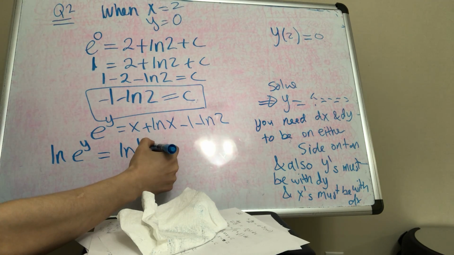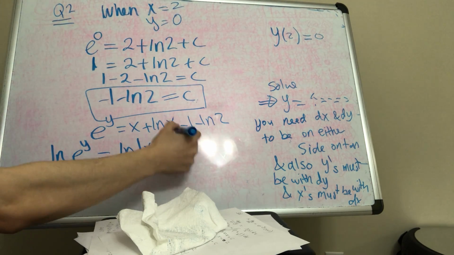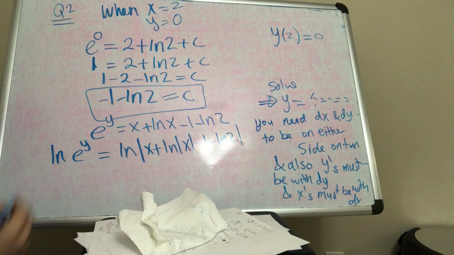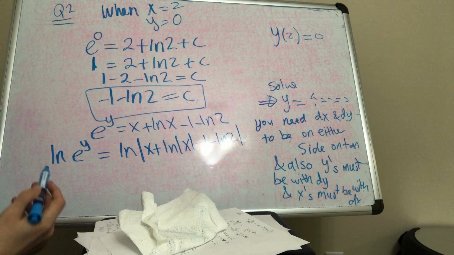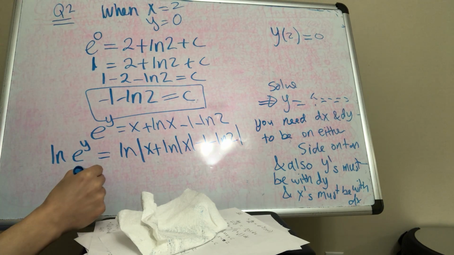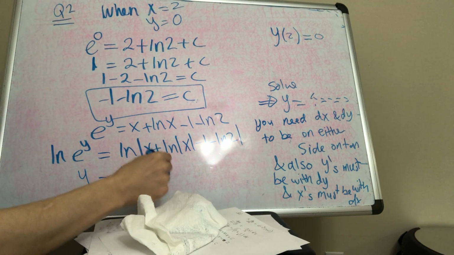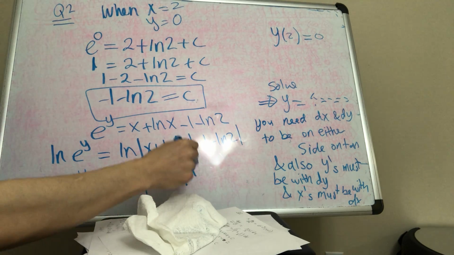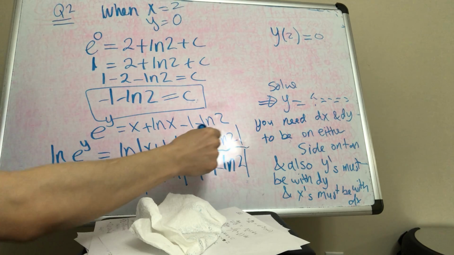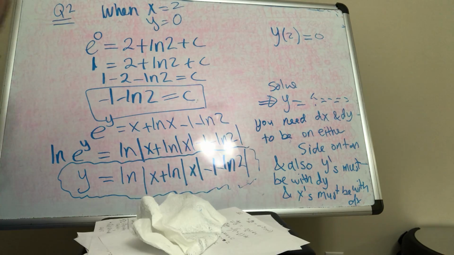Anytime you ln, it's pretty much better to put the inside in absolute value. Same for this. Because ln e cancels out, I know y equals ln absolute value of x plus ln absolute value of x minus 1 minus ln 2. So I was able to get it in this form.